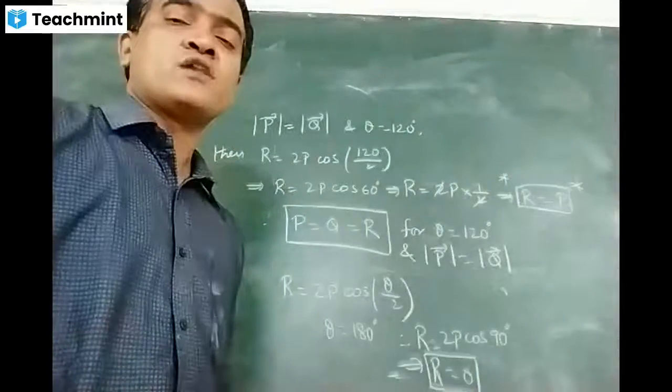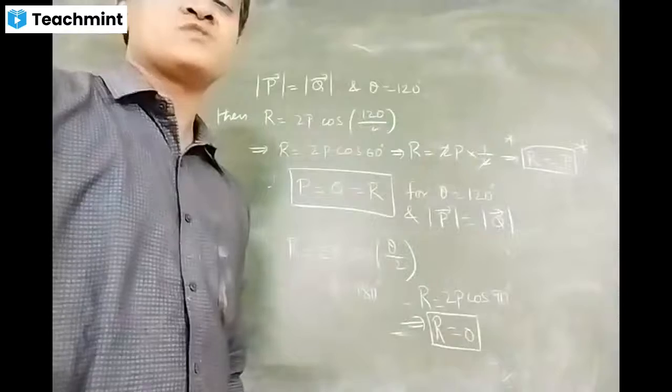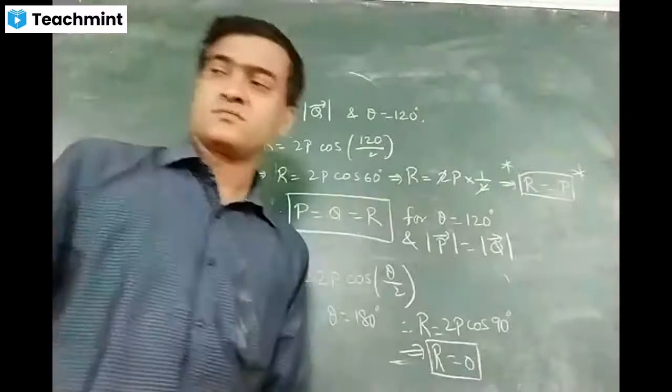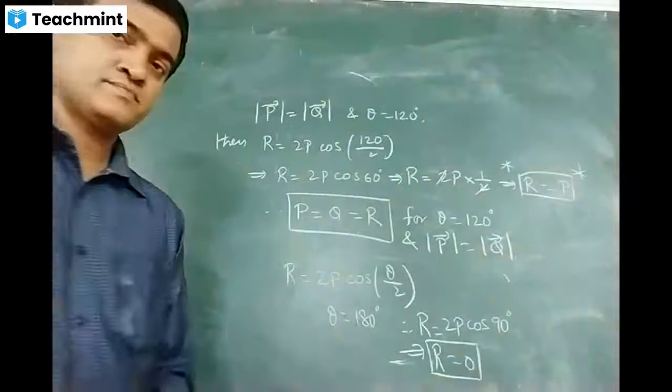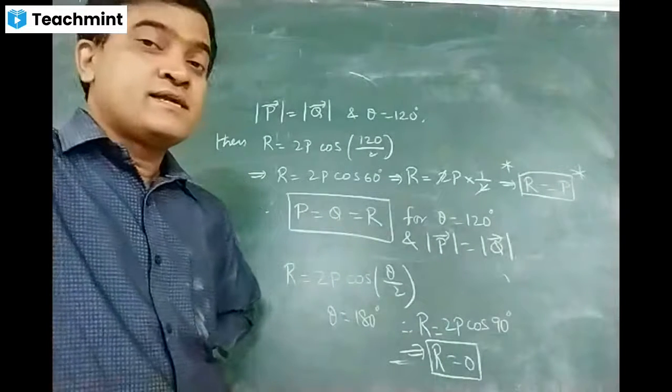Now, can you recall the third case? Case 3: theta is 180 degrees, tan alpha equals Q sin theta by P plus Q cos theta.